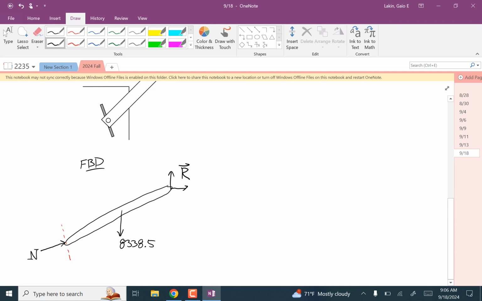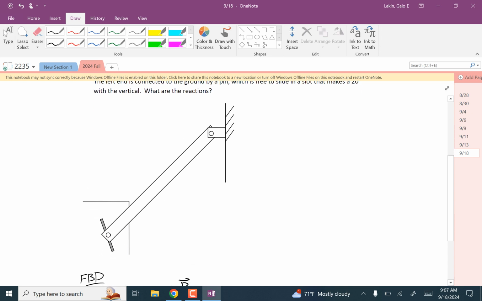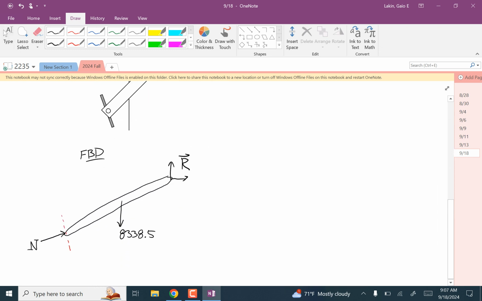I'll call that N. With pin and slot joints, you don't know which of the two directions that force is going to be. So you could draw that the opposite direction. The numbers will all come out the same. If it looks to me like it's going in this direction but my intuition is wrong, I'm going to get a negative answer for N, and that just means it's really going the other direction.